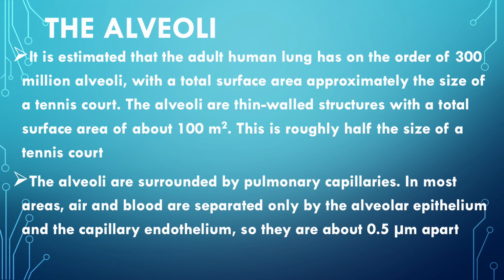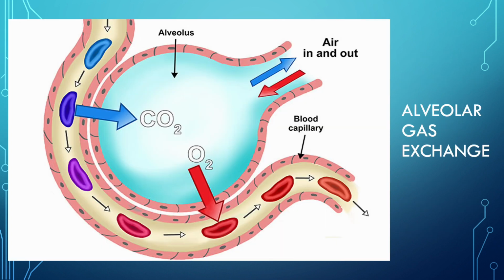The best way to show that is by a picture, and you can see here that the alveolar wall is very thin, and we know that the capillary wall is very thin, and air and the blood are separated by a very thin area, which looks like 0.5 micrometer.